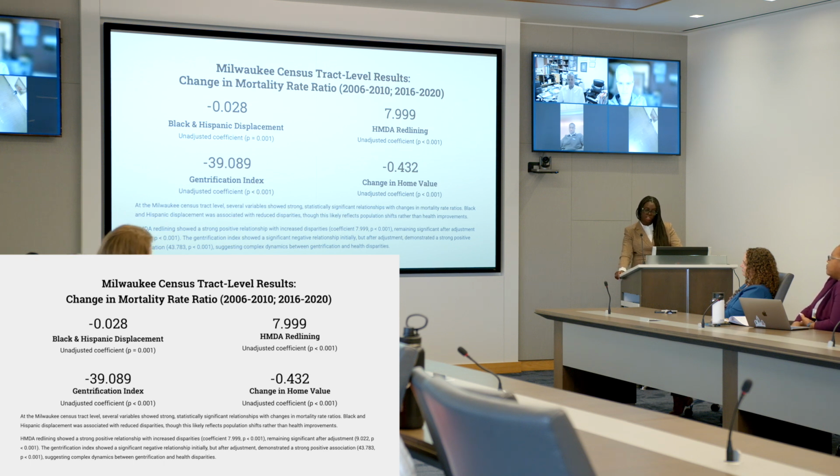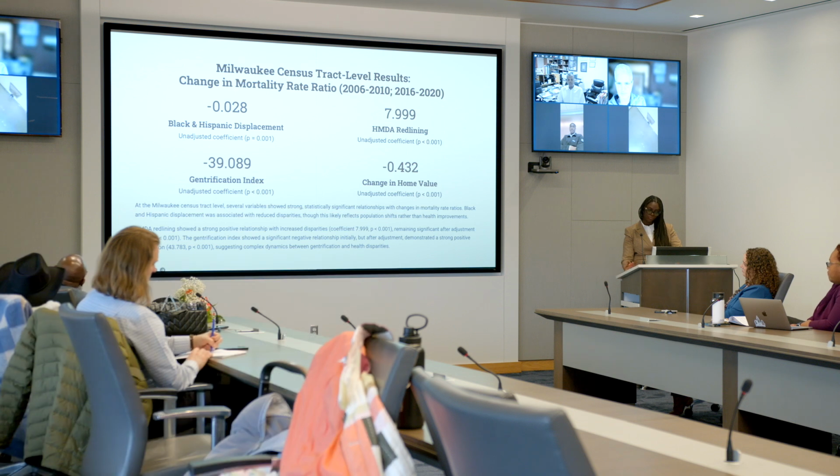For gentrification, initially, it was negatively associated with racial mortality disparities, but after adjusting the model for demographic and structural factors, the relationship reversed, showing a strong positive association. This suggests that while gentrification may have initially appeared to improve neighborhood conditions, it may have exacerbated racial health disparities and mortality rates due to displacement and loss of community stability.